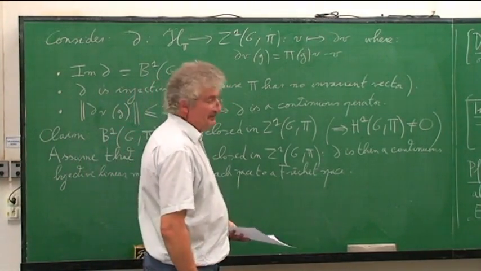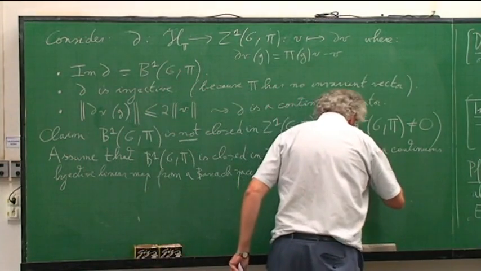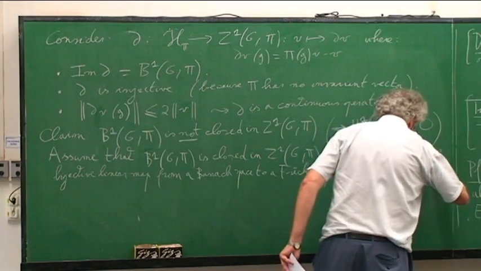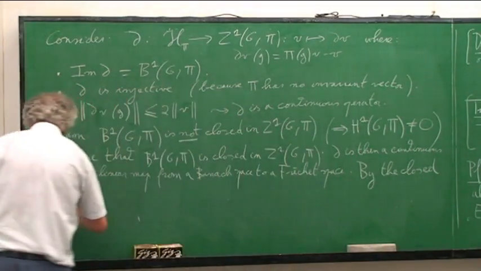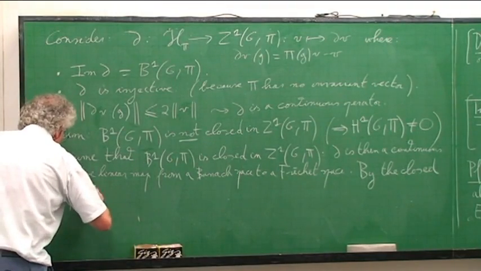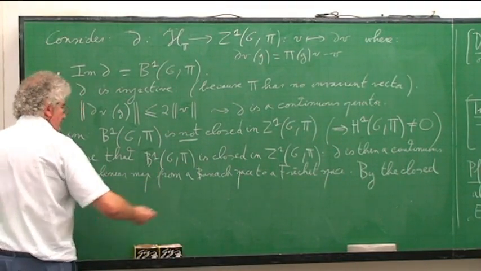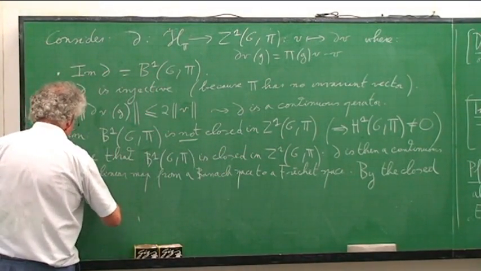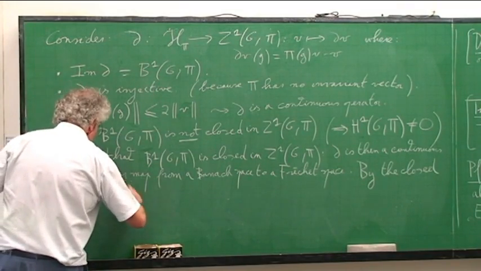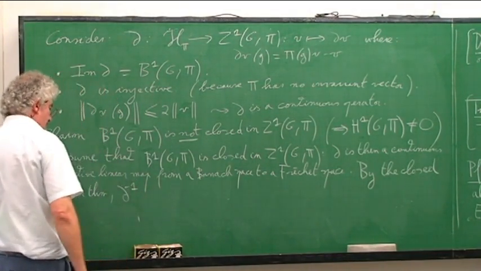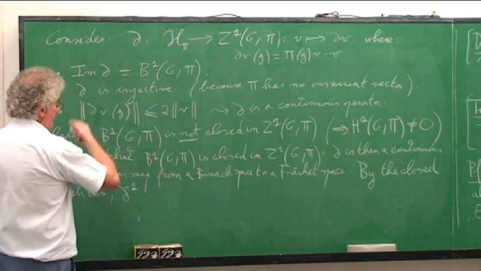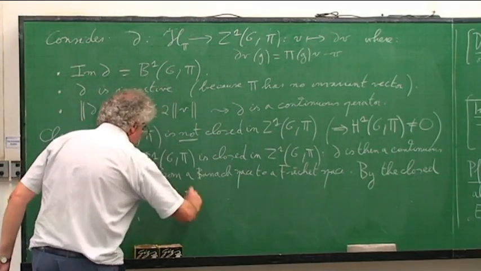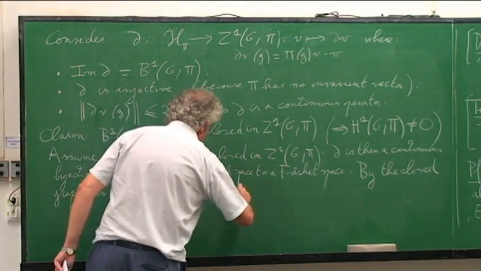By the closed graph theorem, since the target space is Fréchet, we get that the inverse map from B^1 to H is continuous.